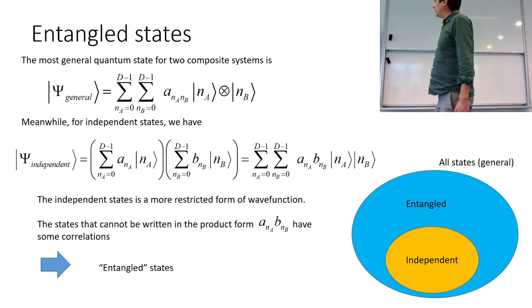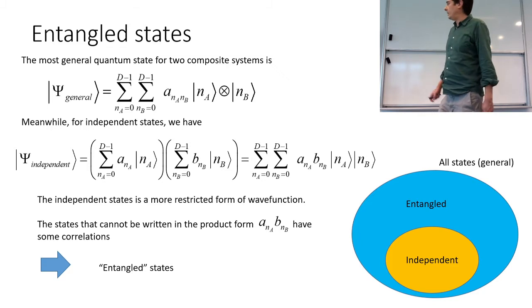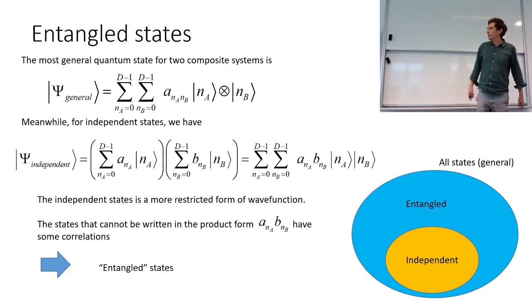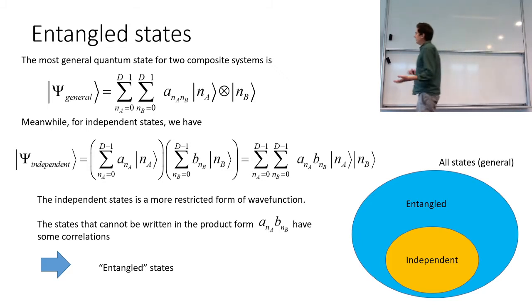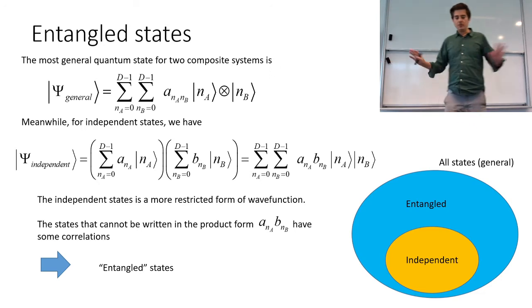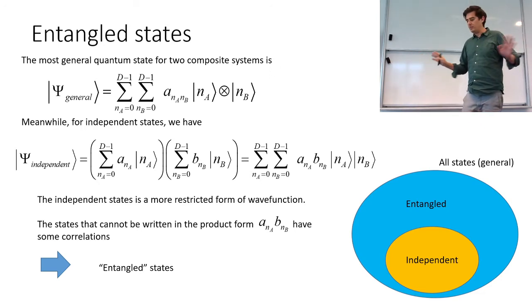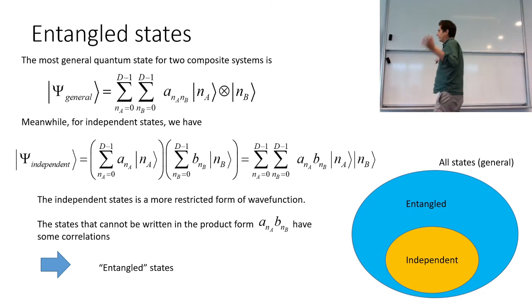Okay, so why call it entangled? What's this word entangled? Well, from the definition, I guess you can see already that if you define it as anything that's not an independent state, then if it is an independent state, you can write it as a product, and what we saw is that they're independent of each other.